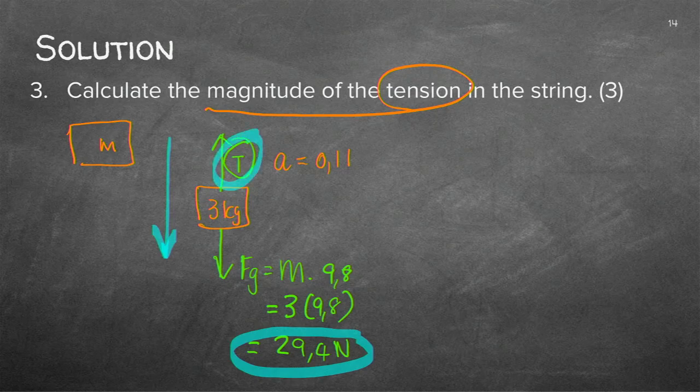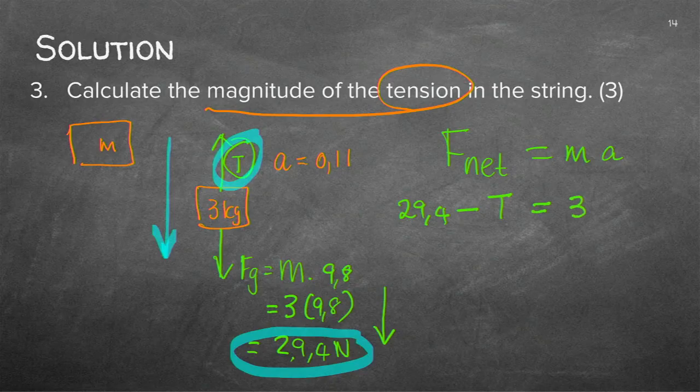So you write down Newton's second law. Newton said the net force will accelerate the mass. The net force is the difference between the T and the 29.4. Because it's moving down, 29.4 minus T is accelerating the 3 kilograms, and I've got that acceleration.